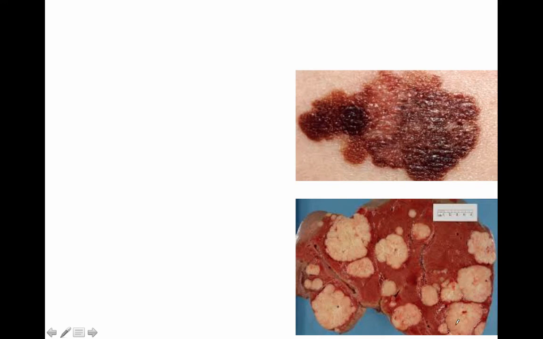But this is a liver. And what's happening here is this red tissue here, this is the healthy liver. And you can see how all of these kind of wider areas, they look markedly different than the healthy tissue. And that's because they have gained many, many mutations. And now they are not functioning as liver cells anymore.